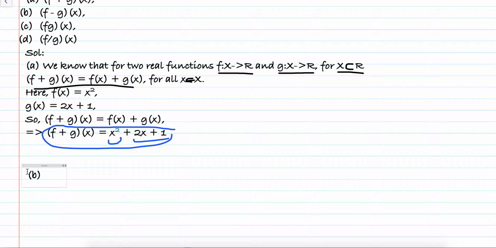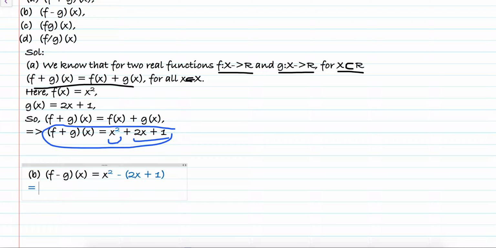So we can write similarly. So I will directly write, so (f minus g)(x) is equal to x square minus (2x plus 1), or we can also expand the braces and then it will become this.